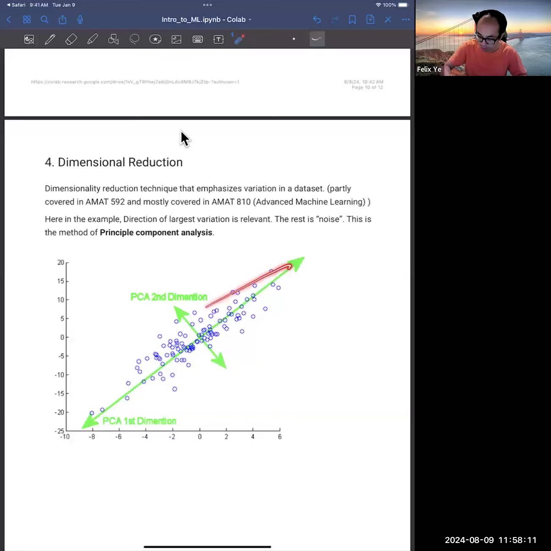So technically, you can think of my data as 1D, because any deviation beyond this you can consider as noise. These are deviations right here. This is called principal component analysis. We're going to talk about it in this course, and spend quite a significant amount of time to derive everything that we need.